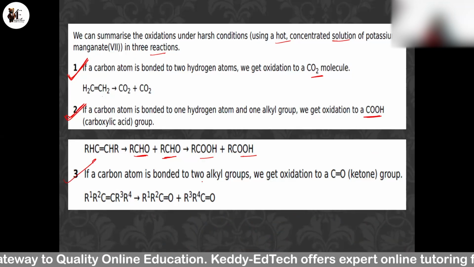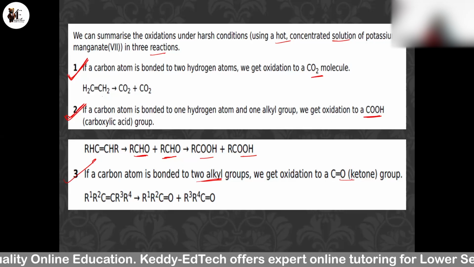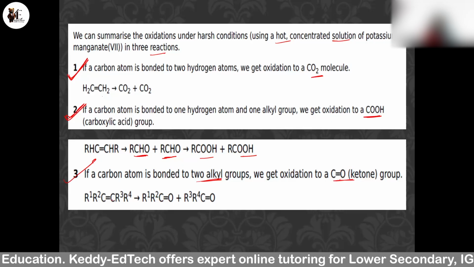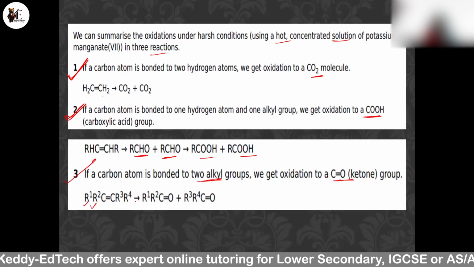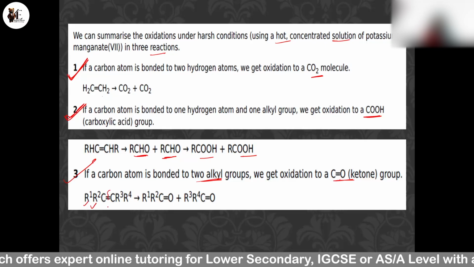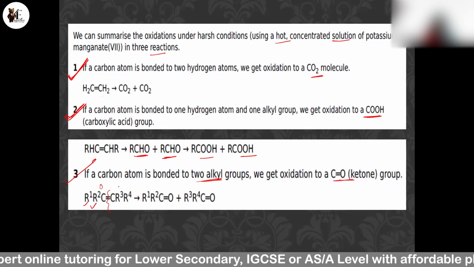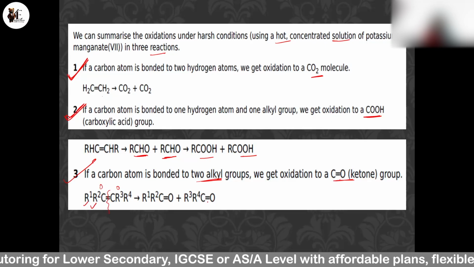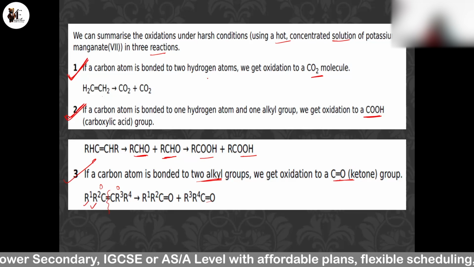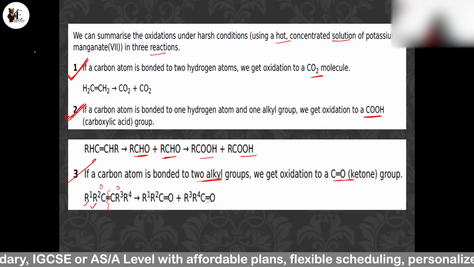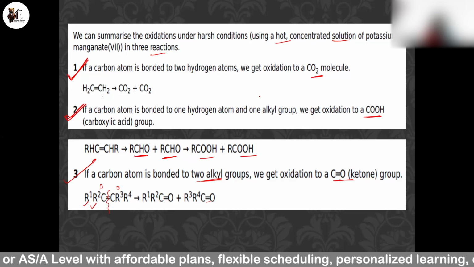If a carbon atom is bonded to two alkyl groups, we get oxidation to a ketone. This is my two alkyl groups R1 and R2. So here cleavage happens, and here we have double bond O here and double bond O here. So this is a summary of the oxidation reaction using hot concentrated KMnO4 solution.